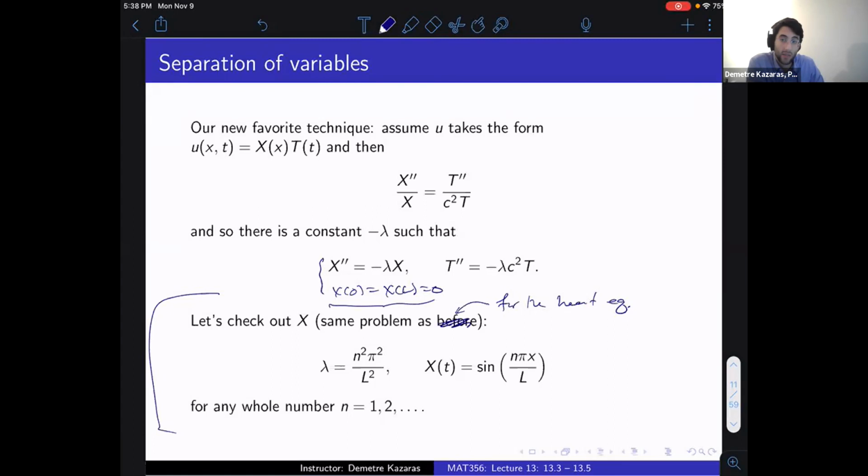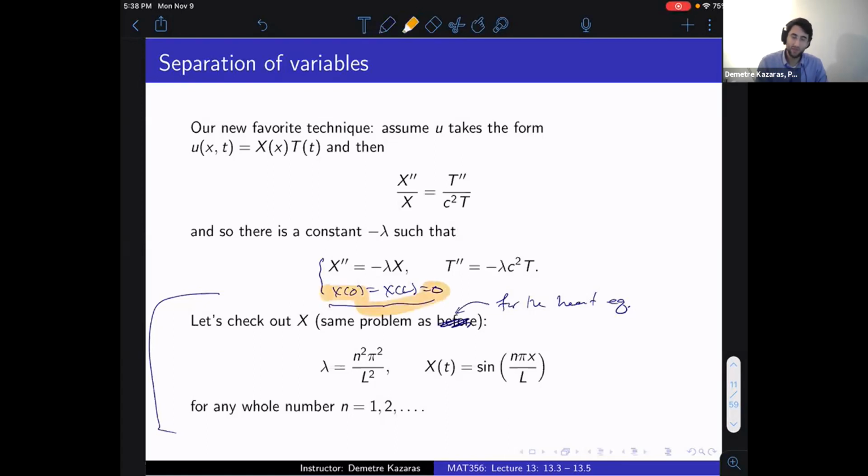So you first discover lambda has to be non-negative, and then you have sine and cosine solutions.